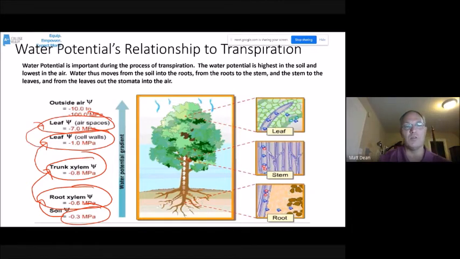into the air spaces, and those eventually lead to the stomates, the tiny pores on the bottoms of the leaves, which connect the leaf to the outside air, where the water potential is even lower.